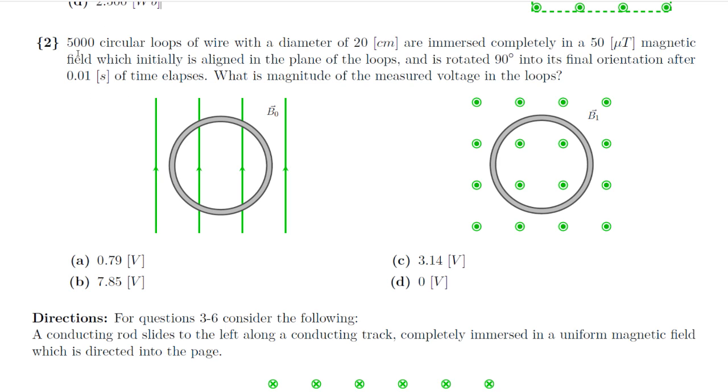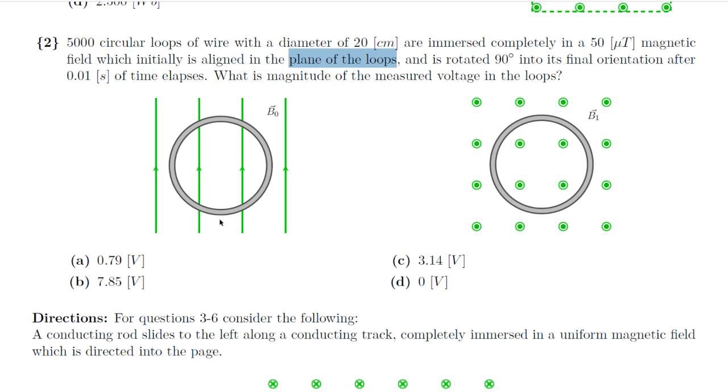In this one, we have 5,000 loops of wire. The diameter is given. They're immersed completely in a 50 microtesla magnetic field. So I have these two pictures here shown. Basically, they represent two different states. Initially, the magnetic field is aligned in the plane of the loops.